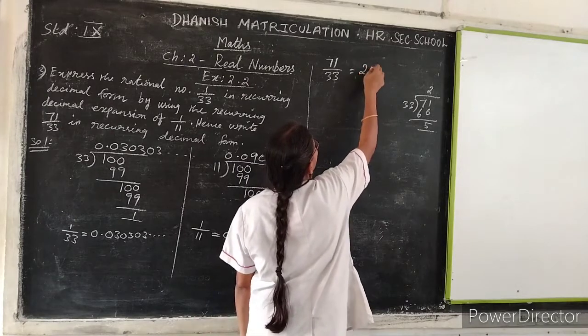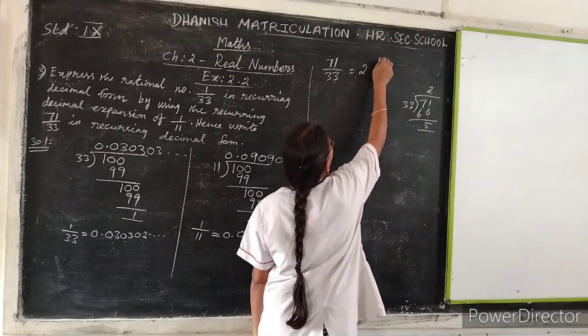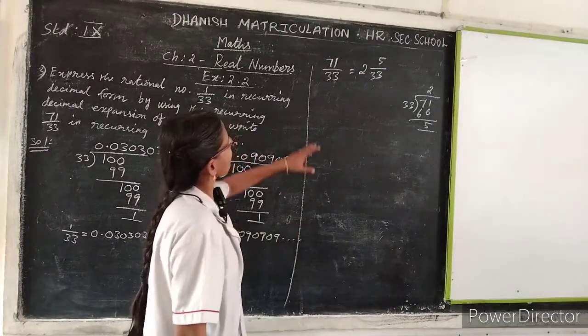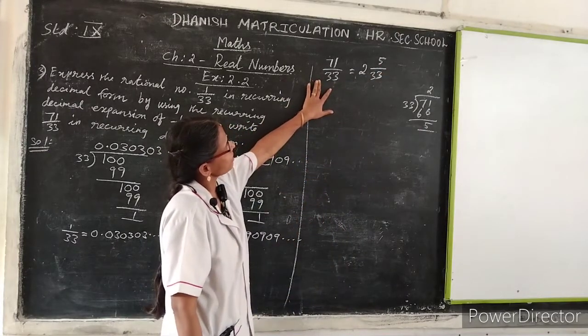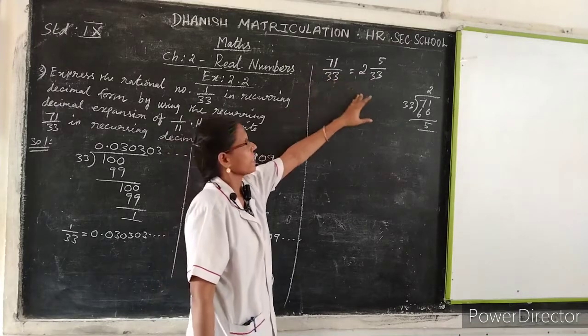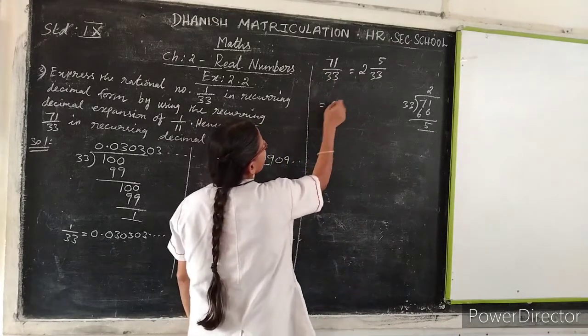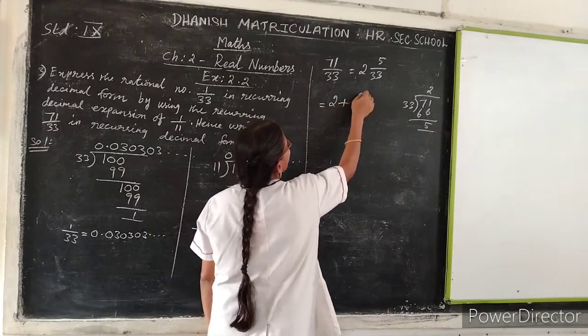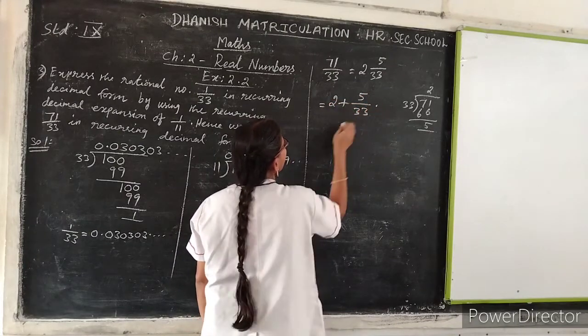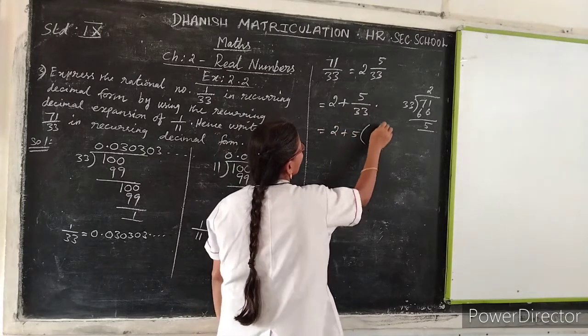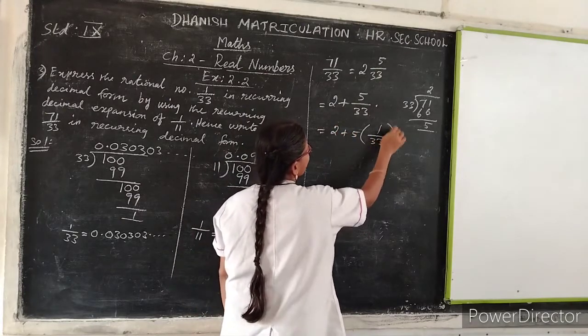So 2 and 5 by 33. This is improper fraction. This can be written as mixed fraction. Again this can be written as 2 plus 5 by 33, which means 2 plus 5 into 1 by 33.